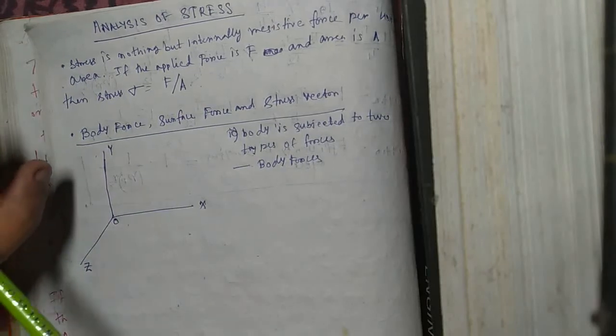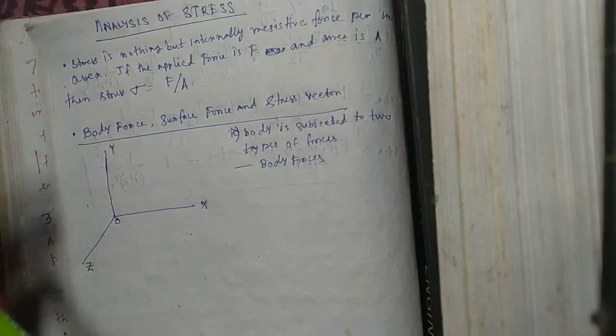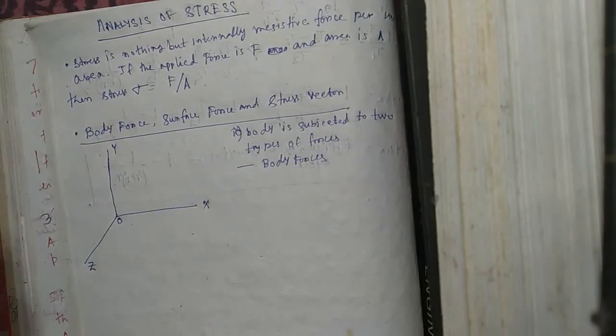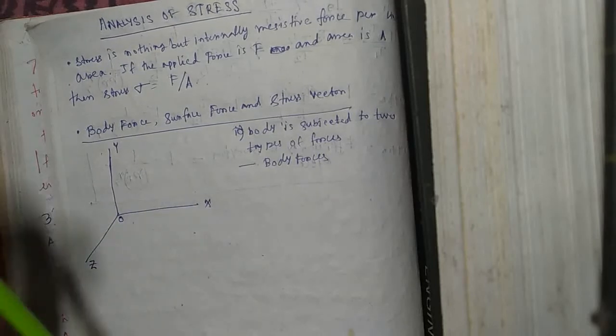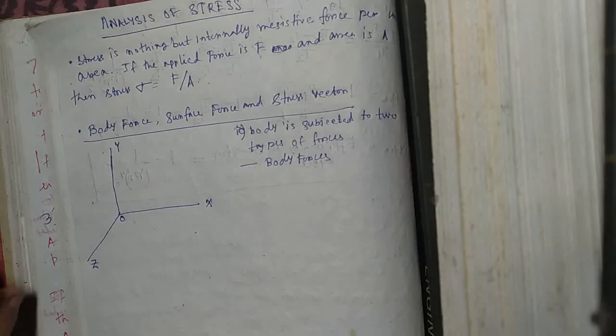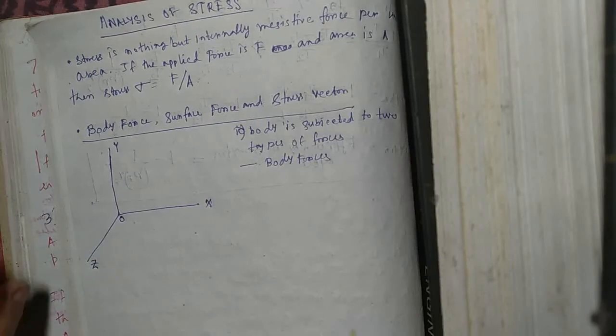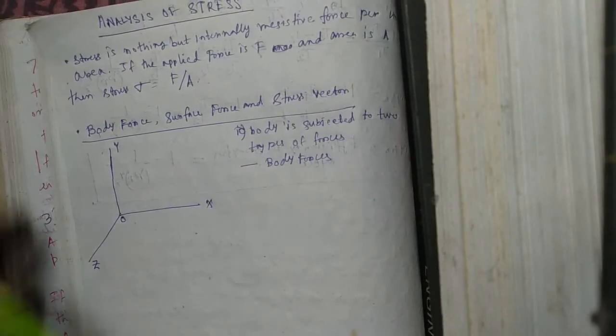The body forces act on each volume element of the body. Examples of these kinds of forces are gravitational force, the inertia force, and the magnetic force. The surface force acts on the surface or area elements of the body.